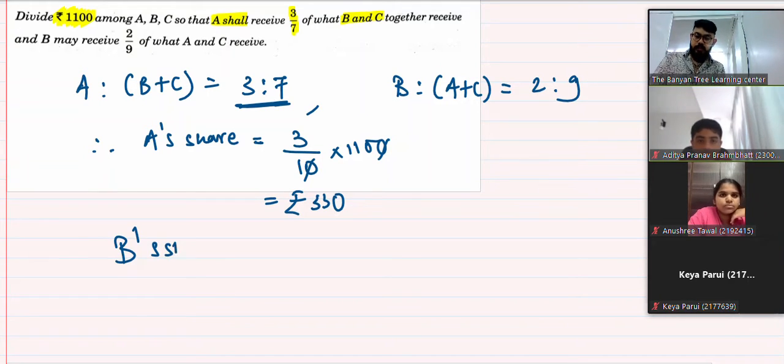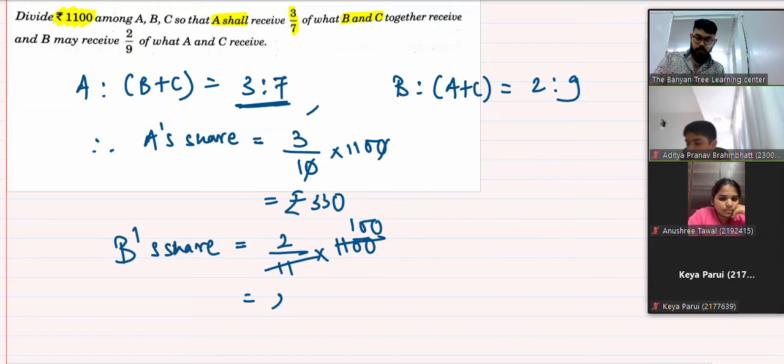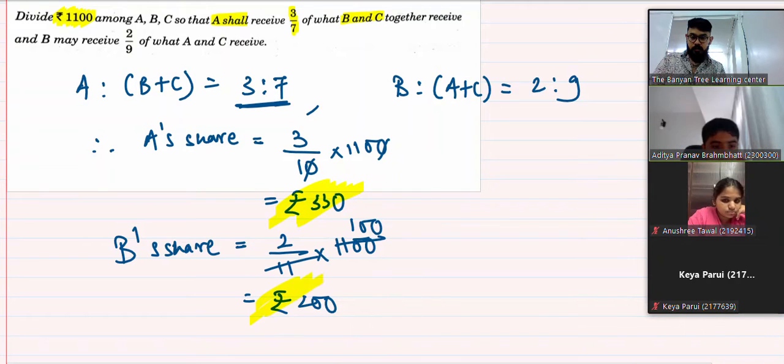And B's share is 2 by 11 times 1100, which is rupees 200. Sir, so 10 you got by adding the 3 plus 7? Exactly, by adding these two, and 11 I got by adding these two.